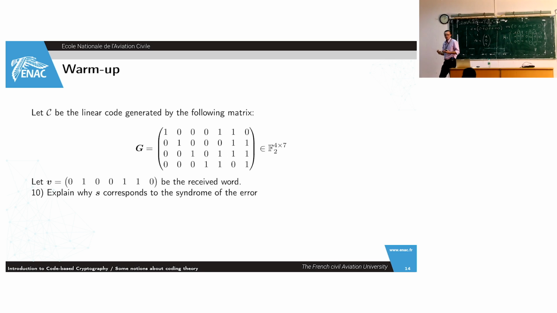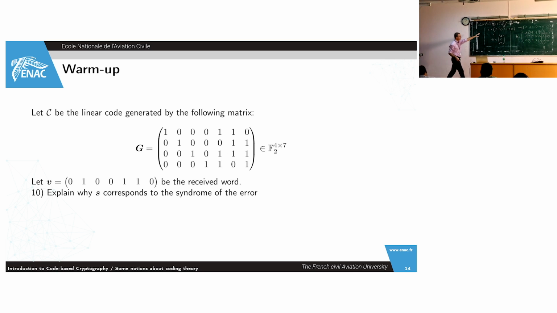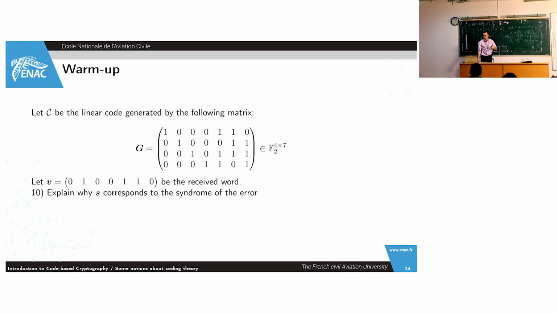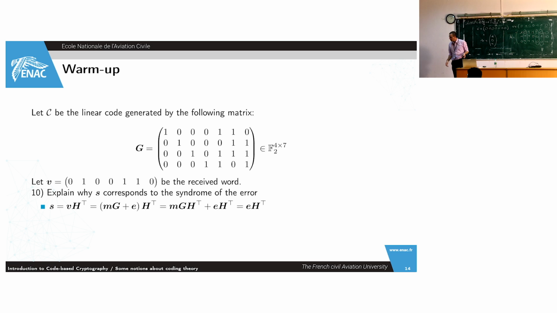So the syndrome of V, S, corresponds to the syndrome of the error vector. Which is what I wrote here.